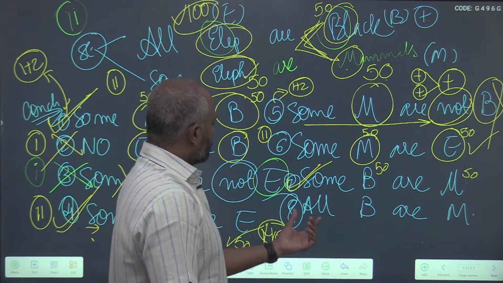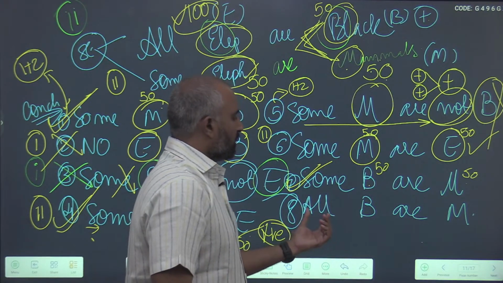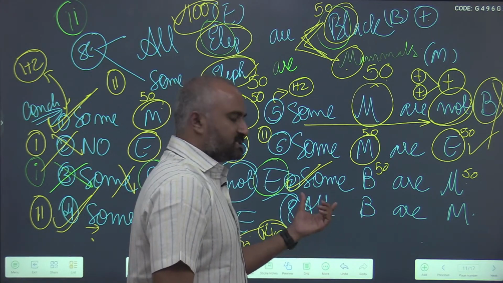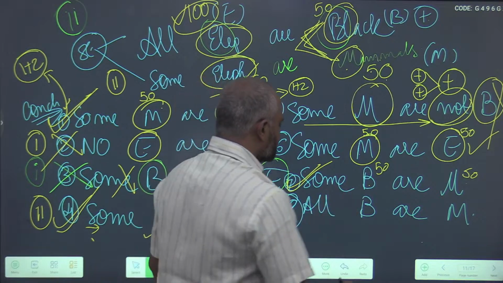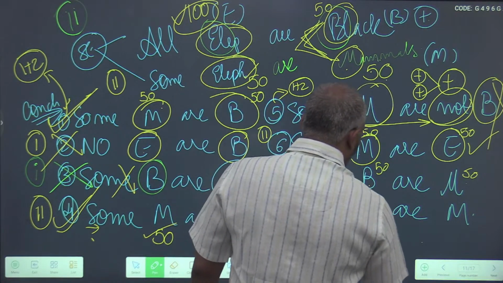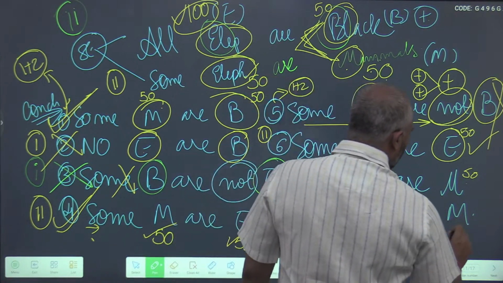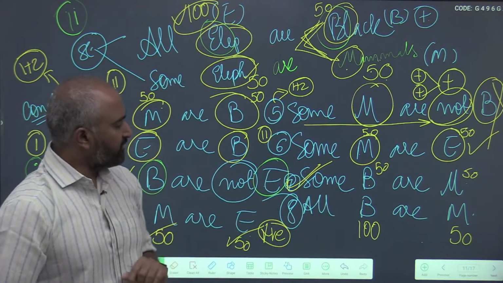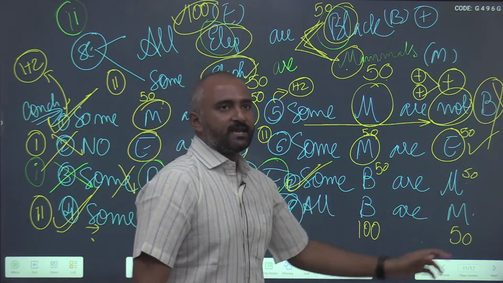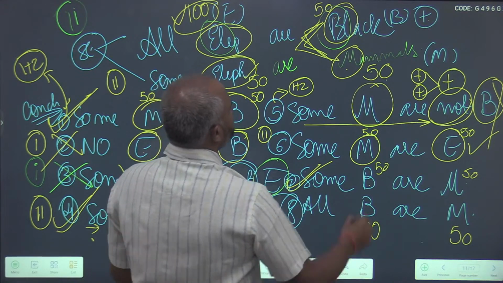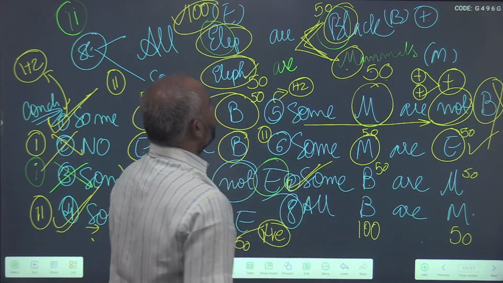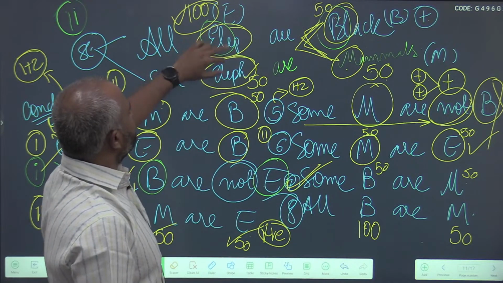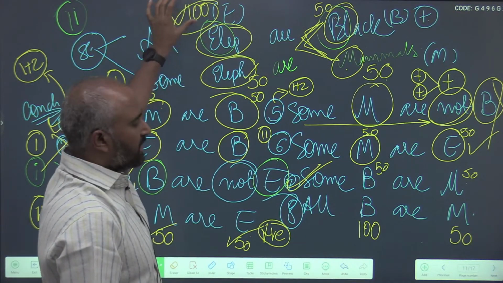Now next, all B. This is universal, which means the subject takes a value of 100. Since this is a positive statement, M, which is the object, takes a value of 50. The relationship between B and M can be established with a common element, which is E. It has achieved 100 once.